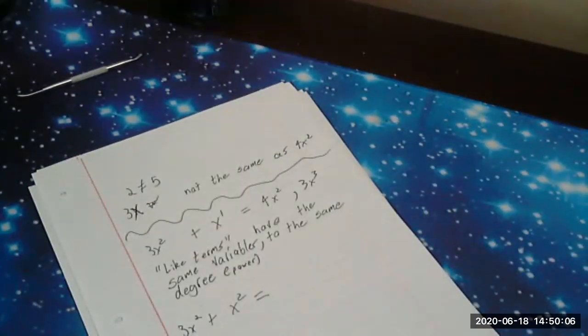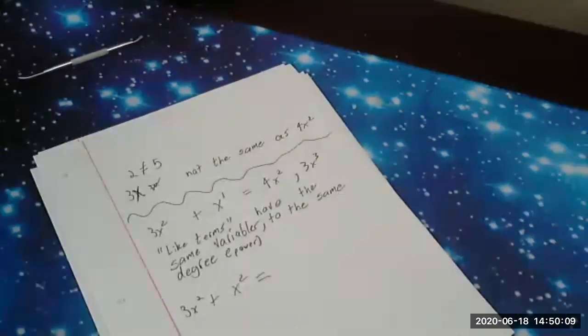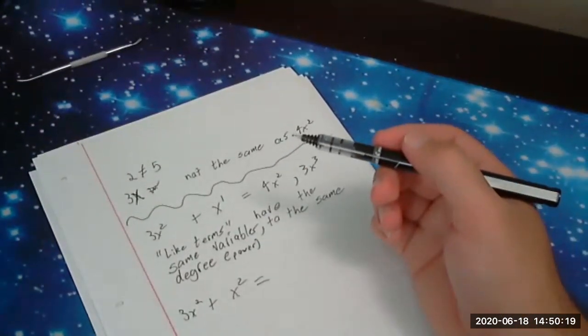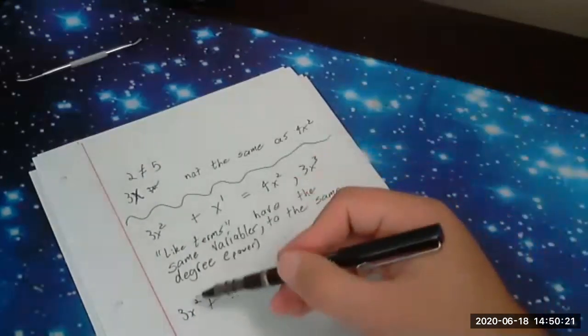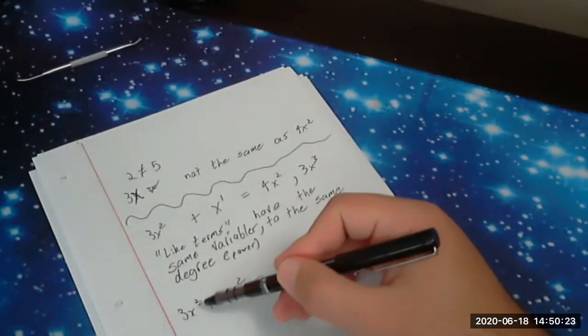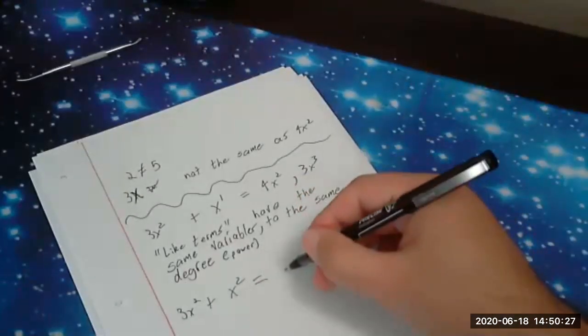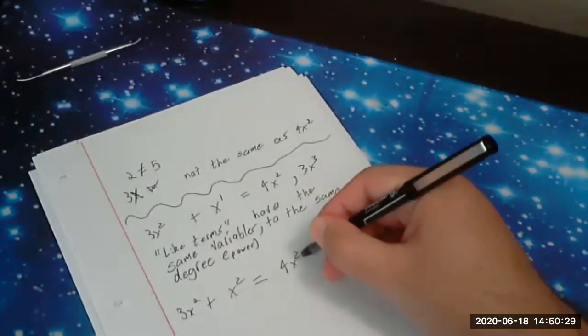What do those two combine to be? 4x squared. Yeah, so it's a basic counting problem, really. There are 3 x squareds and 1 x squared. So if you put them together, 4x squared.